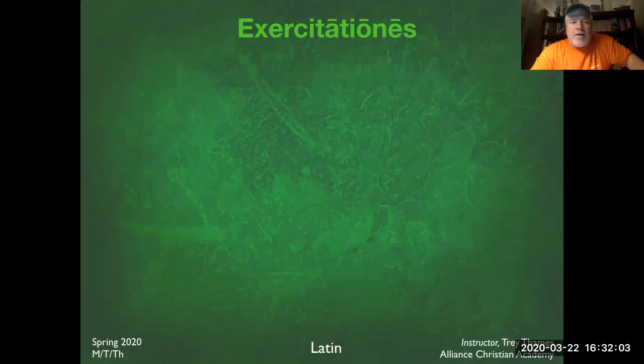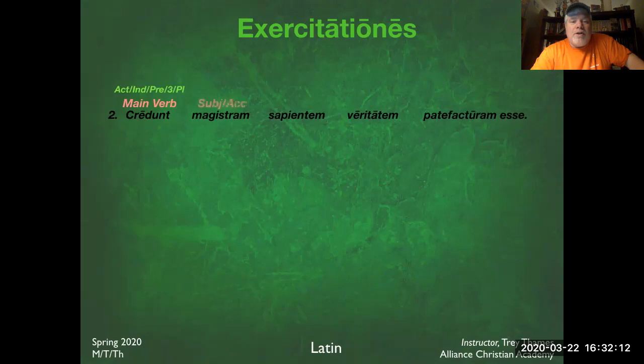We know we've got an indirect statement. So credunt, main verb, it's active indicative present tense third plural. Magistrum is a subject, but it's an accusative. Sapientem is an adjective, accusative, modifying magistrum. Veritatem is a direct object, it's accusative. I don't know why I put adjective. That should say accusative.